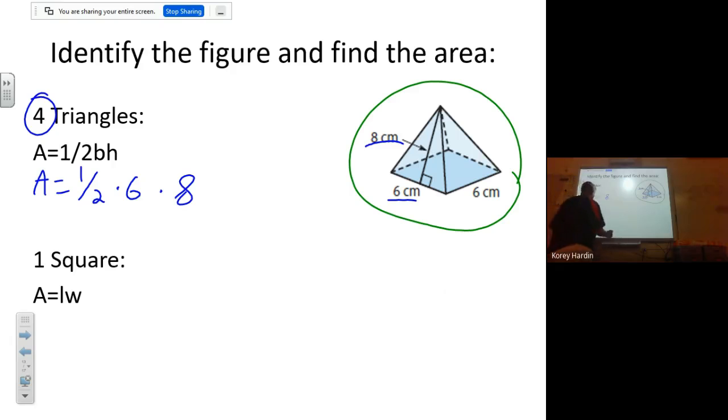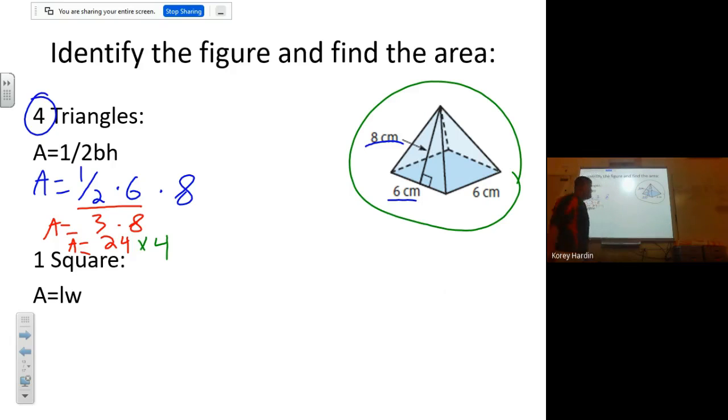So the first thing I do is 1/2 of 6, area equals 3 times 8. And I don't need a calculator for that one because 3 times 8 is going to give me 24. So my area of one triangle is 24. But I need to multiply that by, sorry, not by 8, by 4.